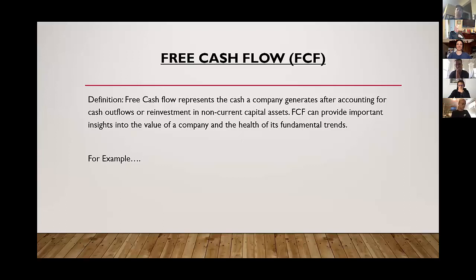But if the free cash flow for that company had been dropping over the last 2 years, as, for example, inventories were rising, customers started to delay payments, and vendors began demanding faster payments from the firm, the free cash flow would reveal a serious financial weakness that wouldn't have been apparent in an examination of the income statement alone.